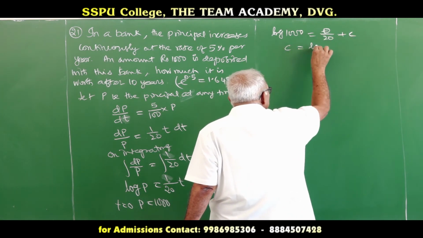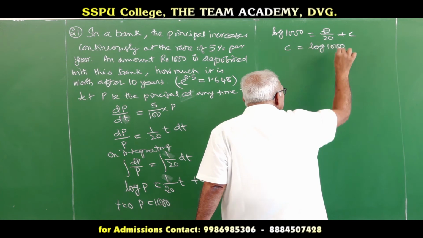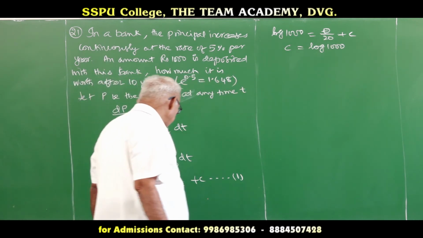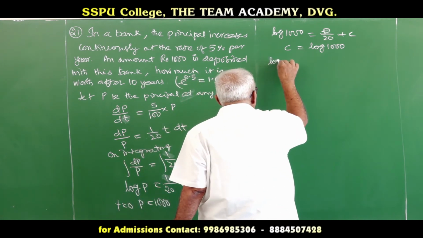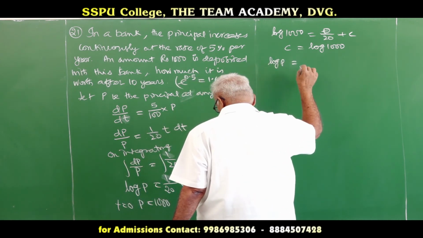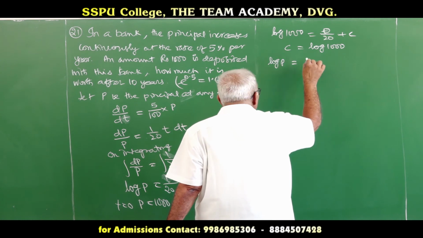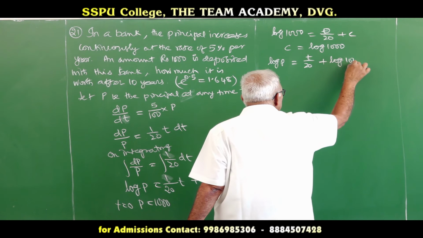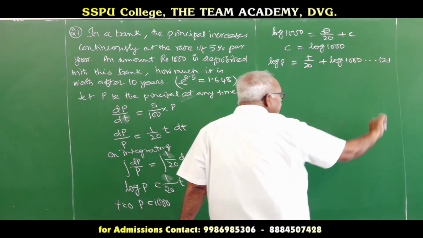So, c is equal to log 1000. So, the equation becomes log P is equal to t by 20 plus log 1000. This is the second equation.